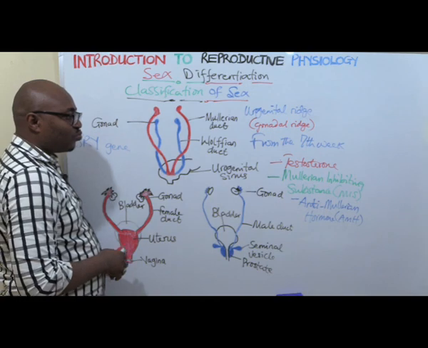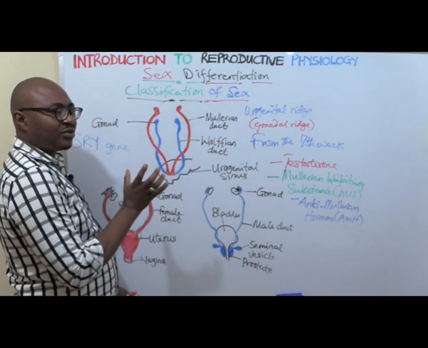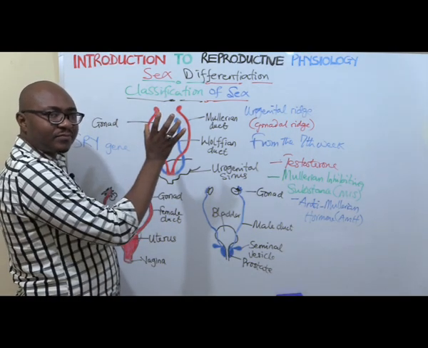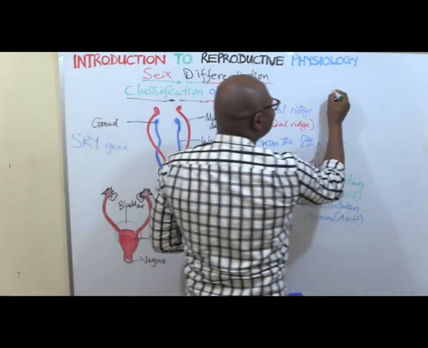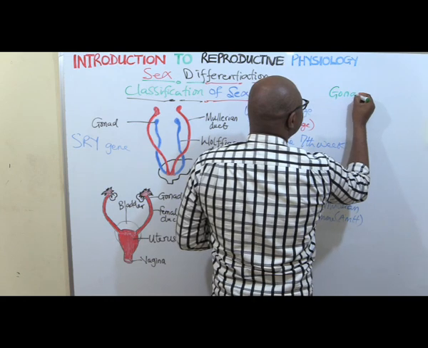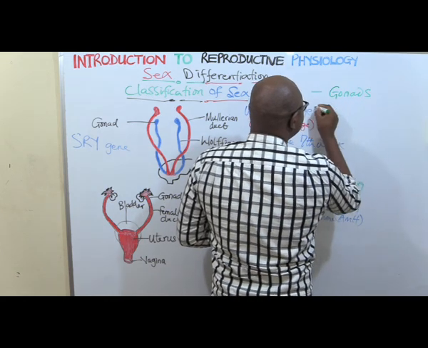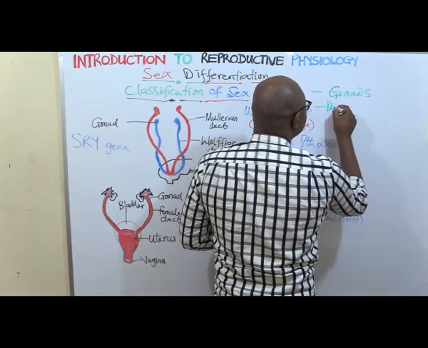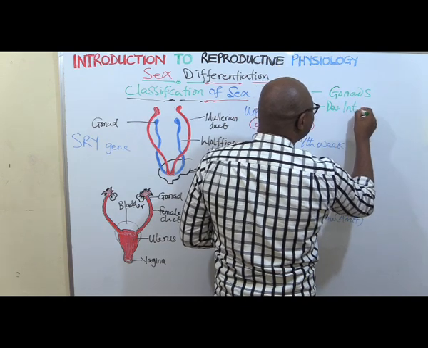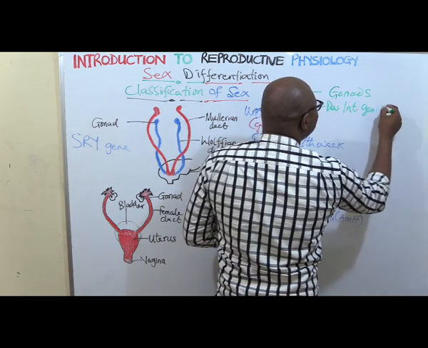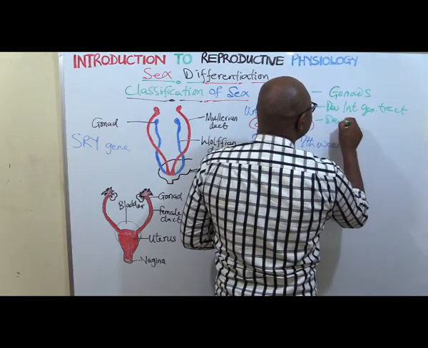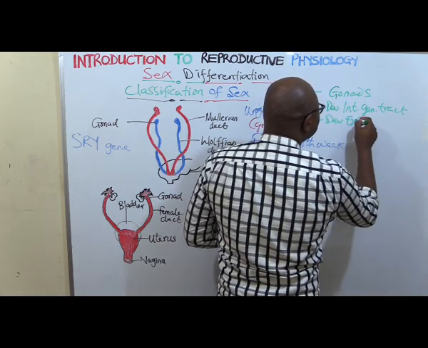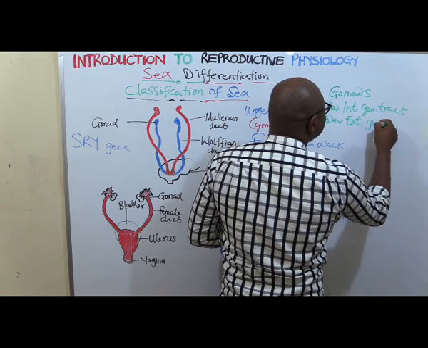And then when you are talking about it, you are talking about three things: development of gonads, development of internal genital tract, then development of external genitalia.